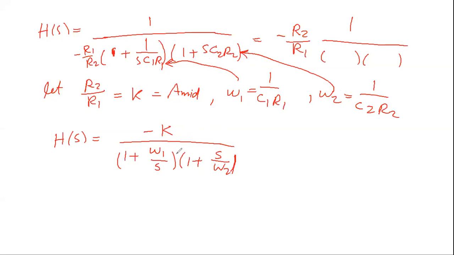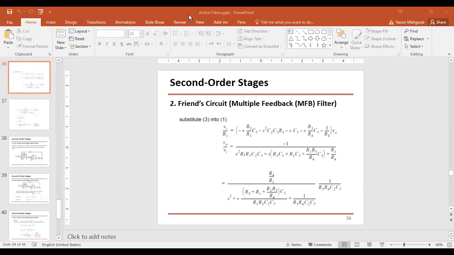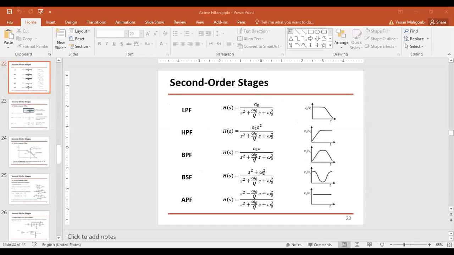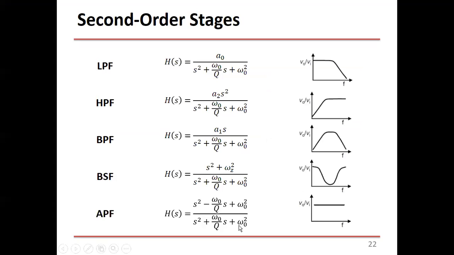We can try to put this in the standard form to know the filter type. Let me stop here for a moment and go back to the slides. These are the standard forms of a second order filter, so we need to put our transfer function in one of these forms.